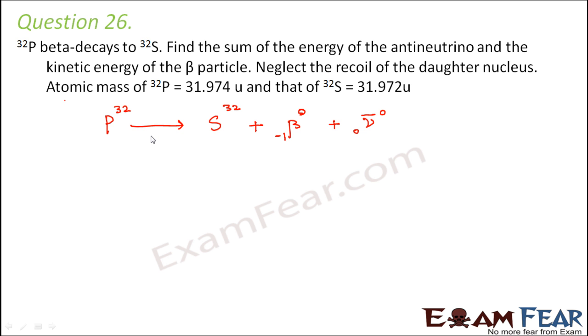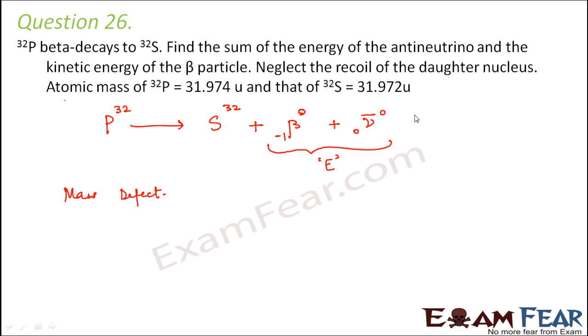Now we have to calculate the sum of the energy of the antineutrino and the kinetic energy of the beta particle. Let us say that this sum is E. Now as per the concept of mass defect, obviously the total mass of this phosphorus nucleus will not exactly be equal to the sum of the mass of these three.